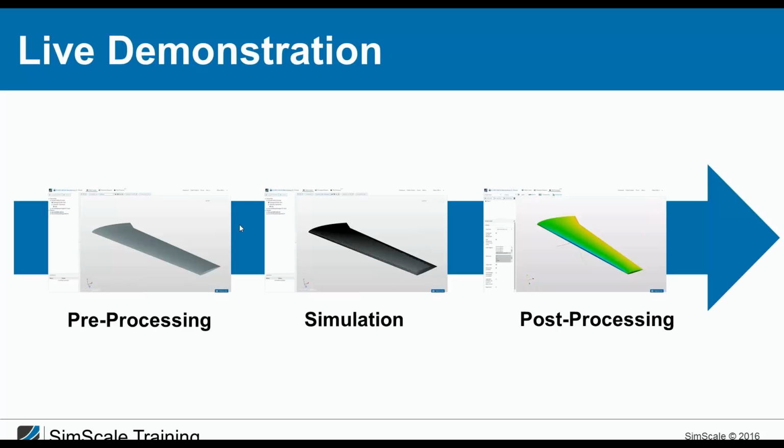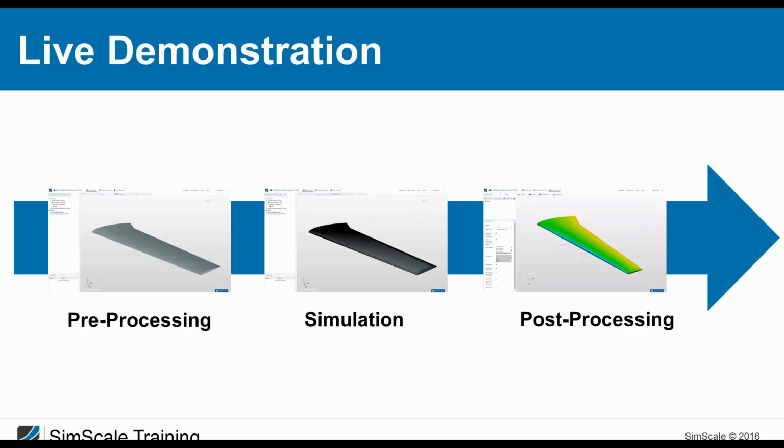By the way, I saw there was already a question I would like to answer at that point. Andreas wants to know if it is necessary to have a CAD model when creating a simulation, or if you can create this model inside SimScale, inside a simulation tool. That's a good question. Basically, it depends. Most of the simulation tools, even SimScale, support creating simple geometrical objects like spheres, planes, or other stuff.